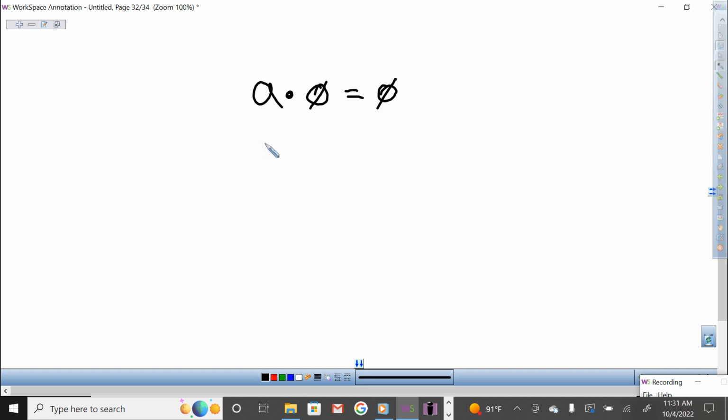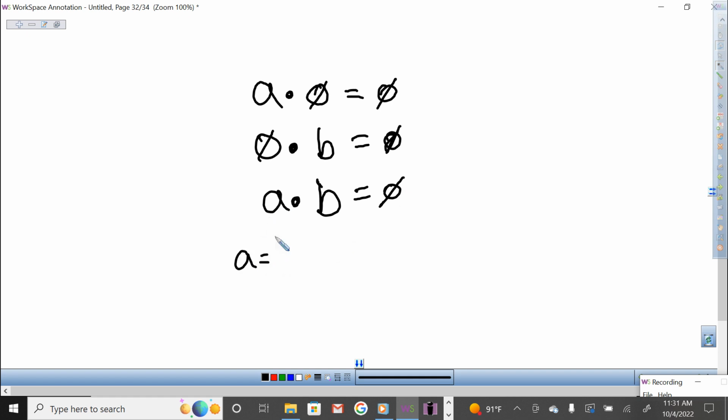What if I asked you 0 times b? What is that equal to? 0. Okay. But what if I said a times b equal to 0? What could a be? 0. Or what could b be? 0. Either this one is 0 or this one is 0.